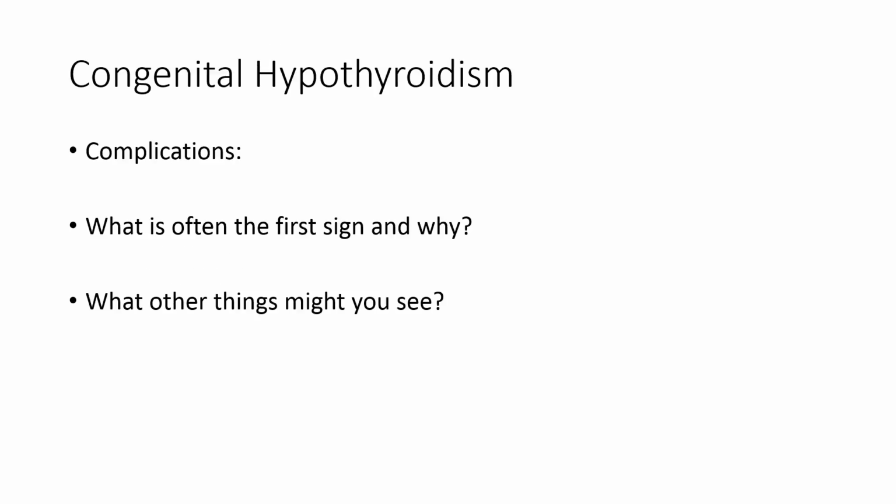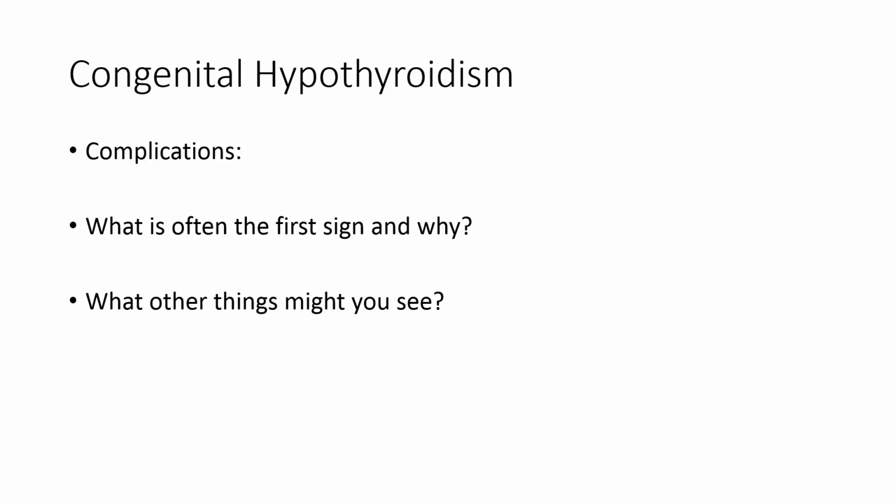So again, with congenital hypothyroidism, some of the complications we see would be mental retardation and physical growth impairment. With congenital, there could be a lack of the gland, and the infant appears normal and functions normally at birth because of the hormones supplied by the mother in utero.